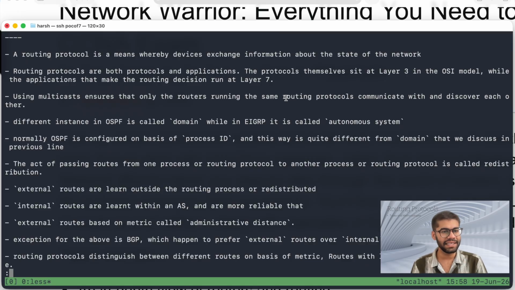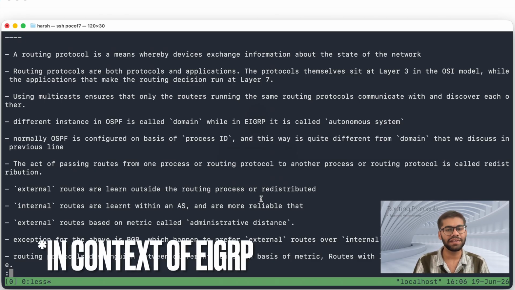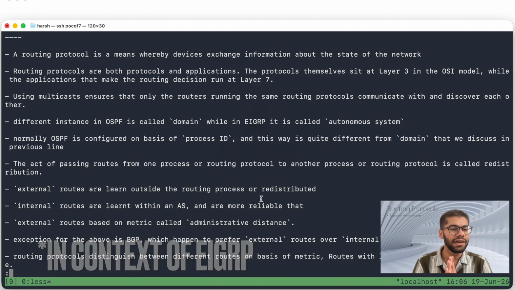Continuing, we learned in CCNA that OSPF runs something called processes, and processes are locally significant. But this book says that OSPF runs different instances, and that instance is called a domain. In EIGRP, the Enhanced Interior Gateway Routing Protocol, it runs something called an autonomous system, which we learned about in CCNA as the different instances of EIGRP.